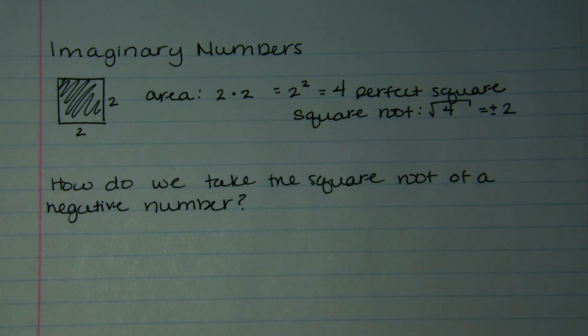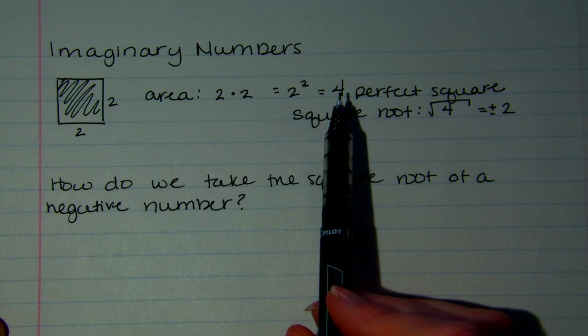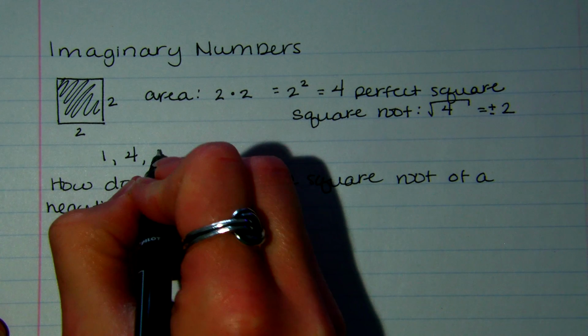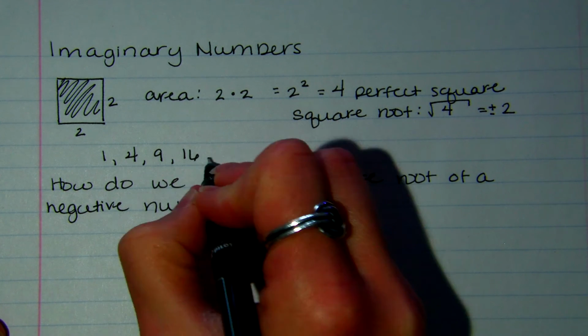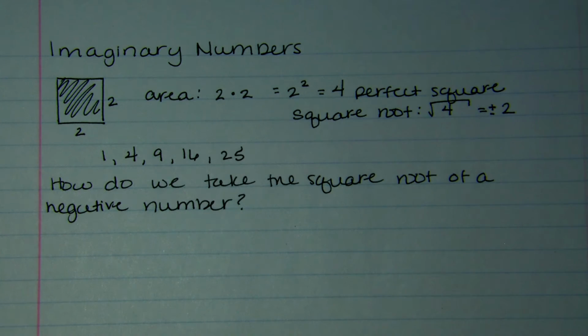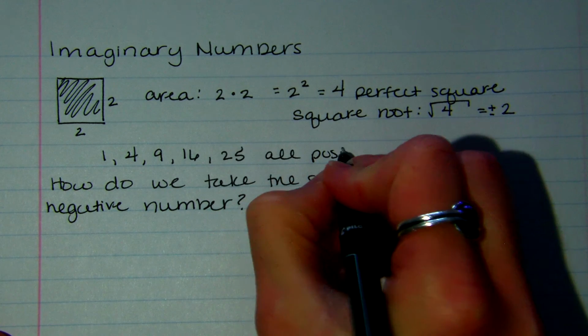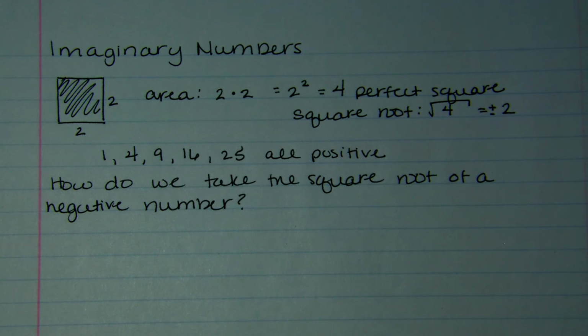And if you think about perfect squares, like 4, think about the list of perfect squares that we had. We had 1, 4, 9, 16, 25. Those numbers are all positive. In fact, you can't think of a perfect square, or anything we take the square root of, that's not positive.